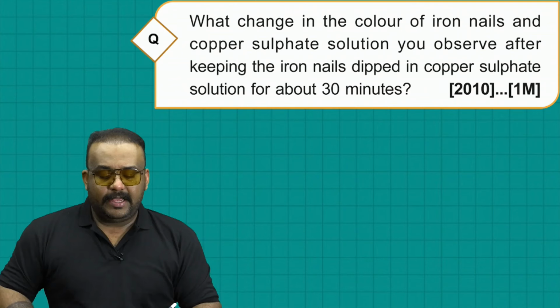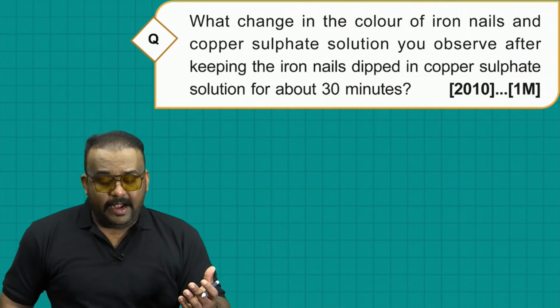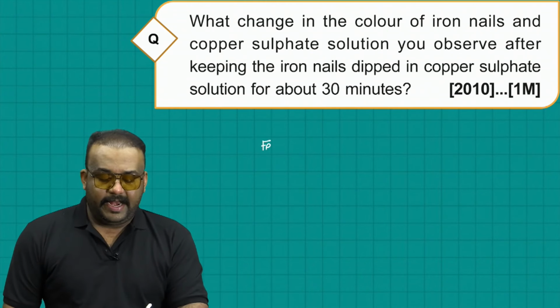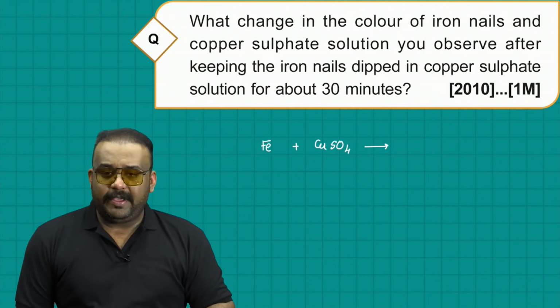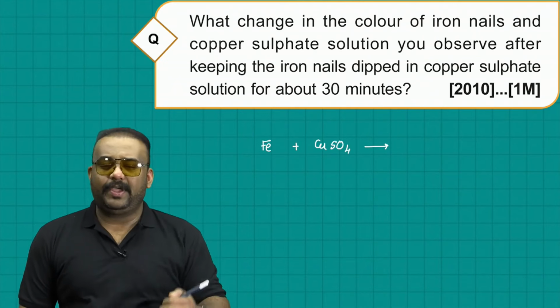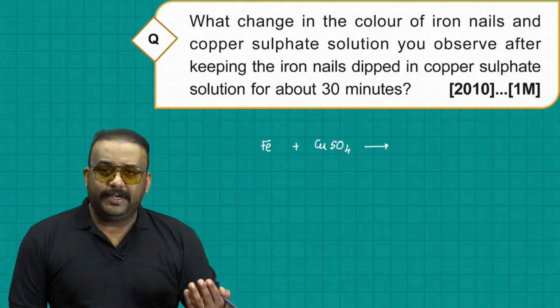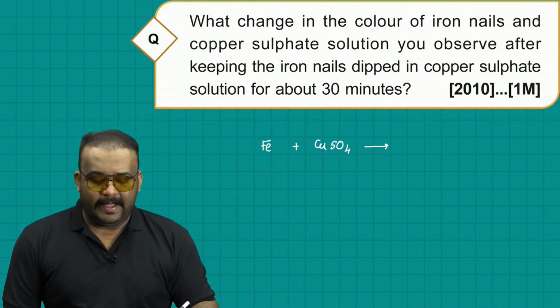So here, the conditions of the reaction. We have iron nails and copper sulfate solution reaction. So when an iron nail is dipped in copper sulfate, you know that in the electrochemical series, iron is located above copper, which means iron is able to displace copper from the salt solutions of copper.